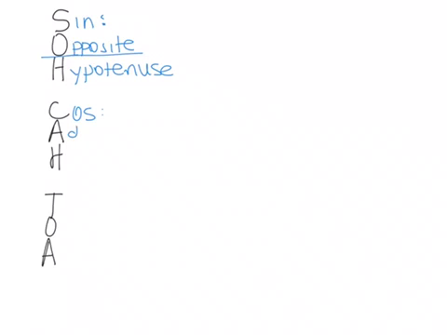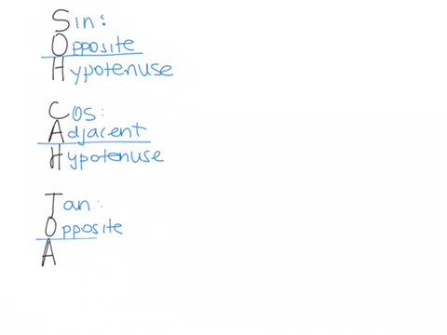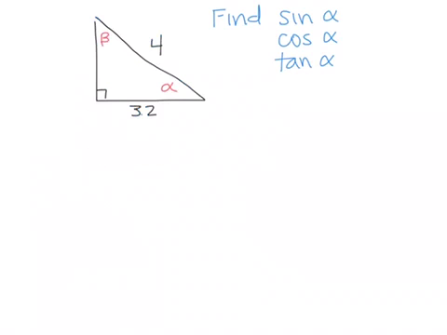Cosine is adjacent divided by hypotenuse. And then we have tangent, which is opposite divided by adjacent. All right, so SOHCAHTOA is going to be your best friend when it comes to solving problems. So let's jump in and see if we can figure out some of these.